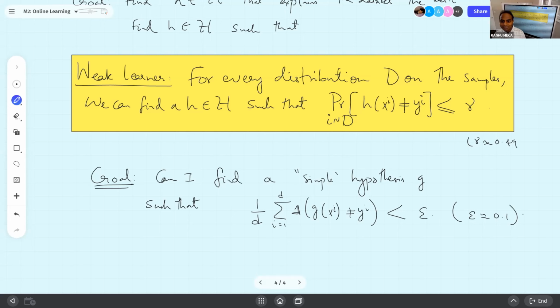So I'm going from something which is 51% accurate to something which is 99% accurate. Does the question make sense? It's a very subtle way to formalize this, but it can be done.